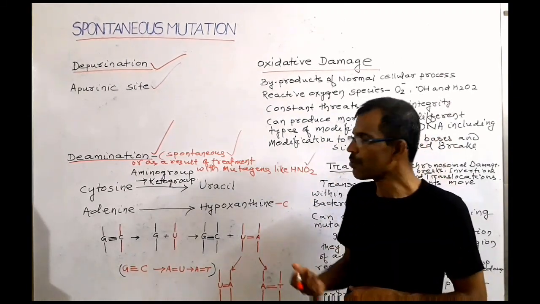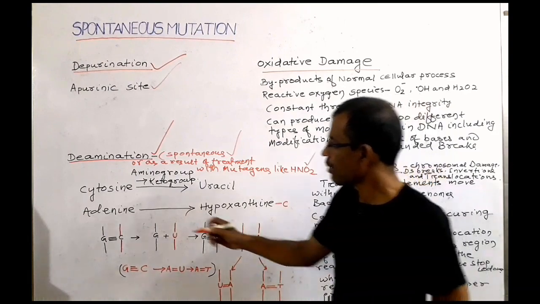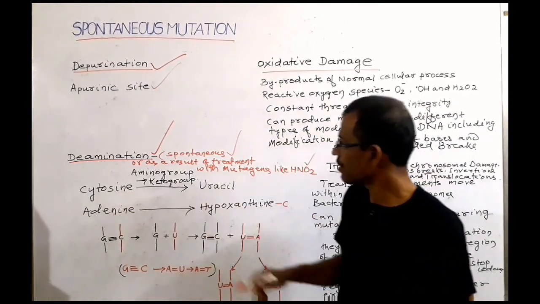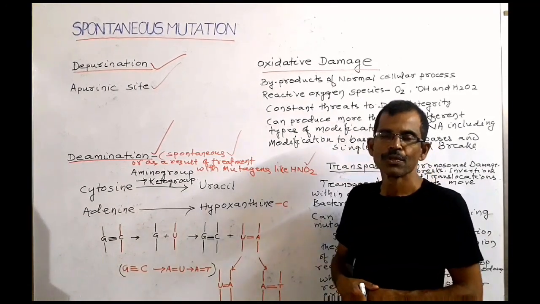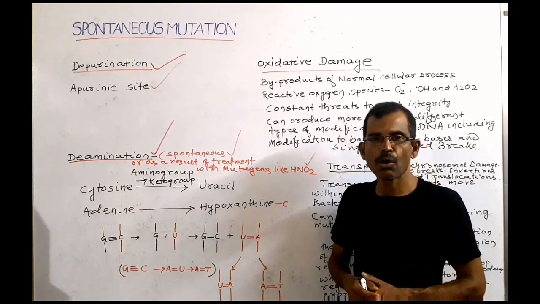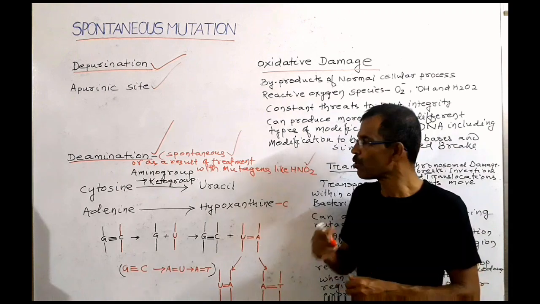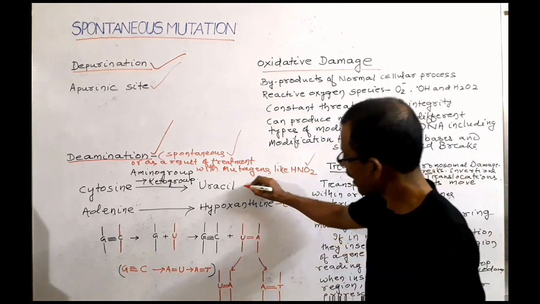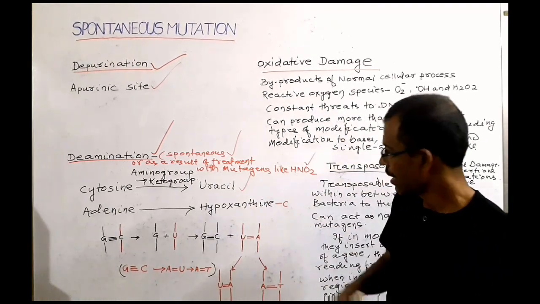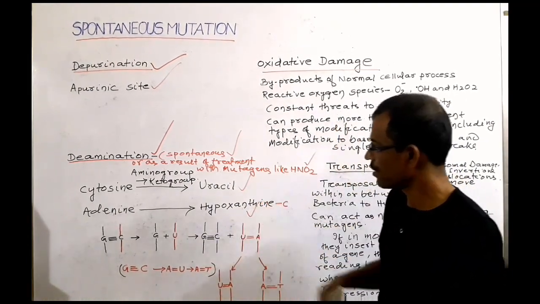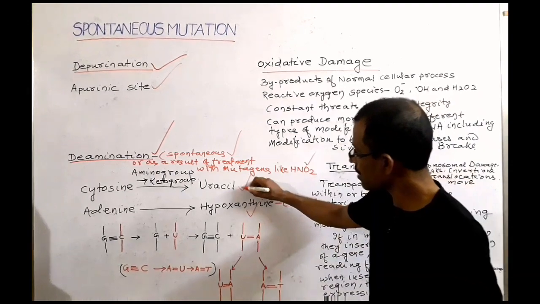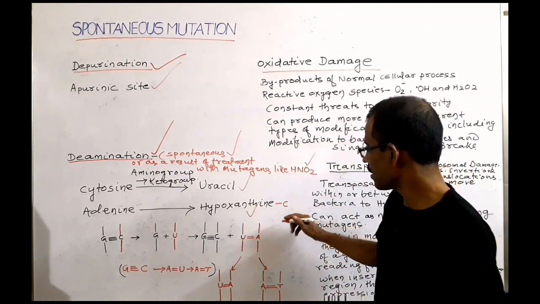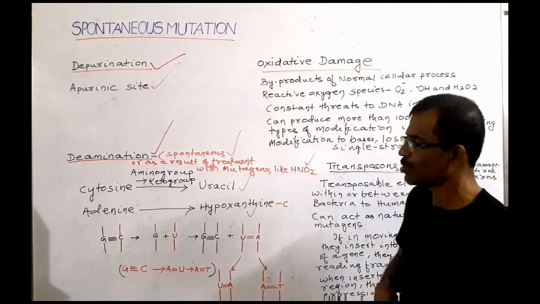By the process of deamination, the amino group of cytosine and adenine is converted into a keto group. So this conversion causes the conversion of cytosine to uracil and adenine to hypoxanthine. And you know that uracil base pairs with adenine and hypoxanthine base pairs with cytosine.